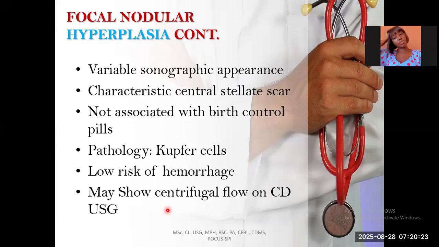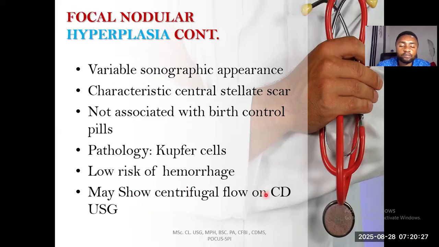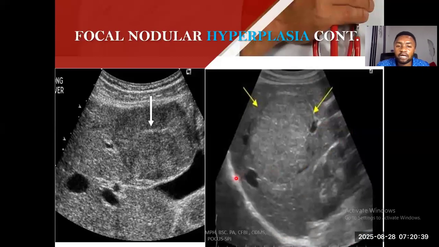Moving away from the liver. Good. Centrifugal, moving away from the liver. So when you put your Doppler on the focal nodular hyperplasia, you see the flow moving away from the liver.